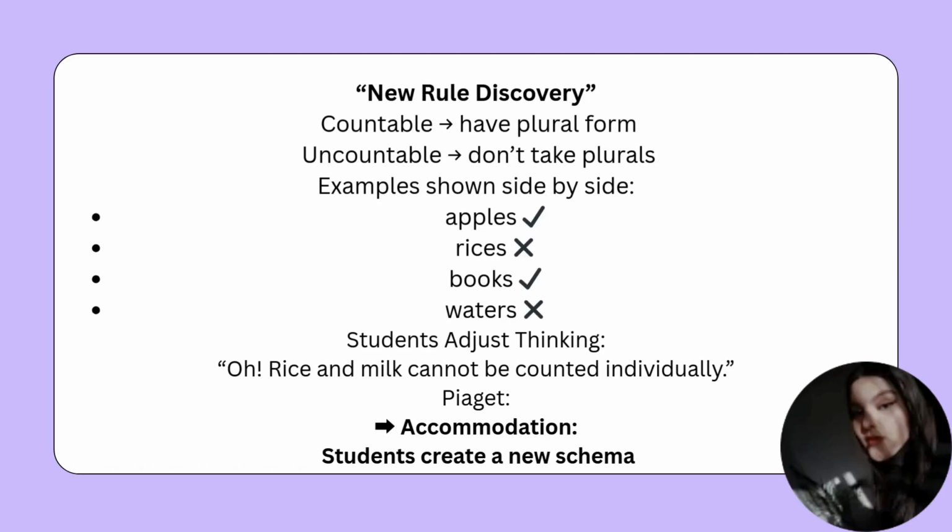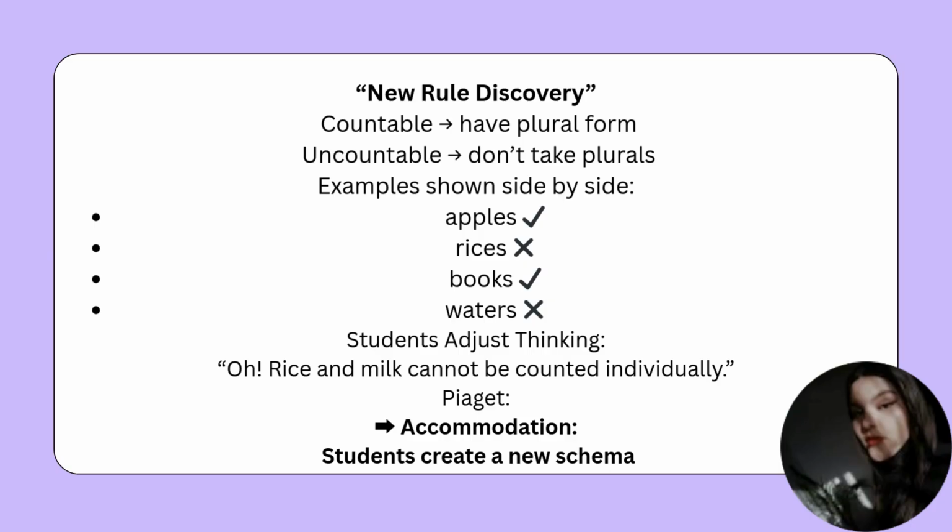Finally, through guided explanation from the teacher and activities, students adjust and reach accommodation, forming a new understanding of countable versus uncountable nouns. The activity is called new rule discovery, and I will explain that countables have a plural form and uncountables don't take plurals. For example, we can count apples, but we cannot say rices.